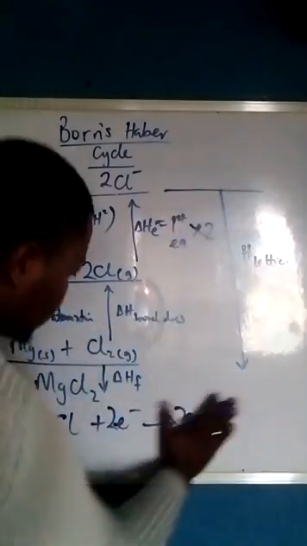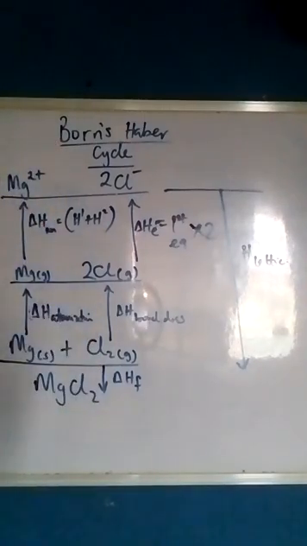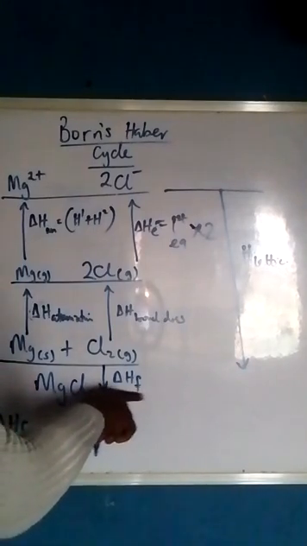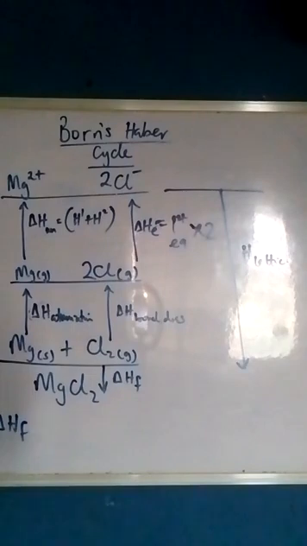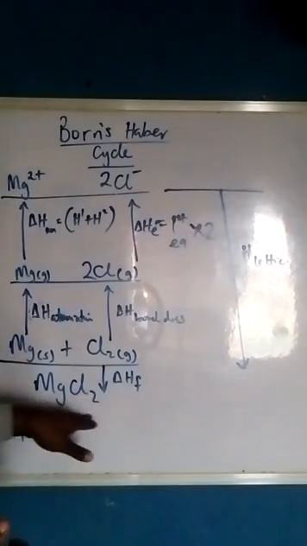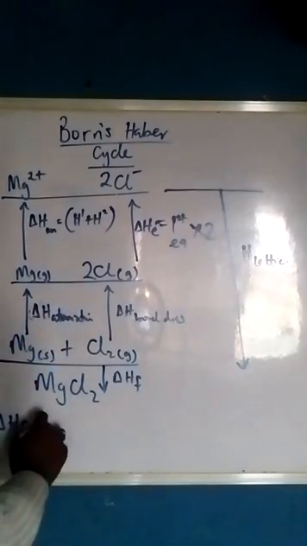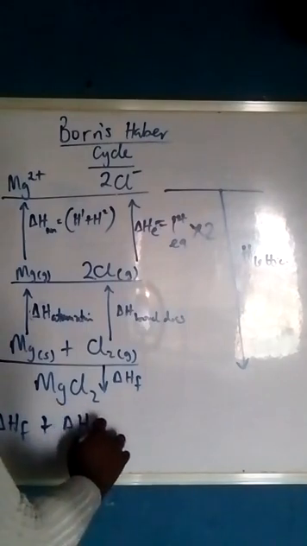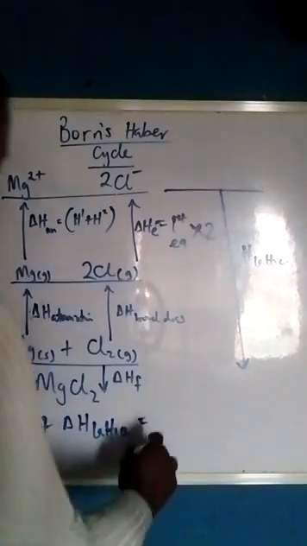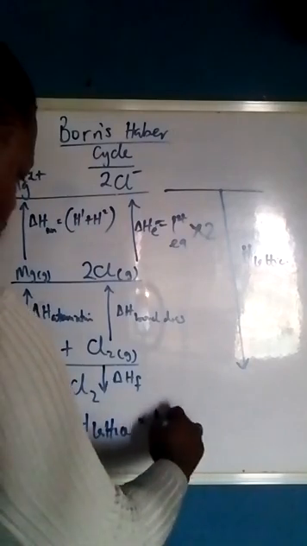Now the total formula to use in your calculation will be the heat of formation, which is this one. That is the heat that is usually involved whenever a particular compound is formed from its constituent elements. So the heat of formation plus the lattice heat is equal to the heat of atomization.